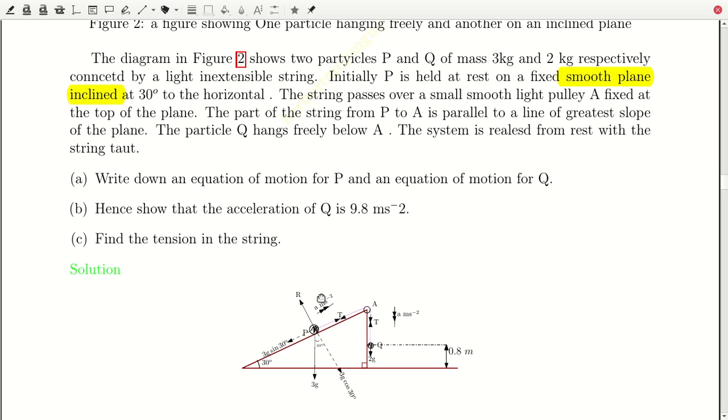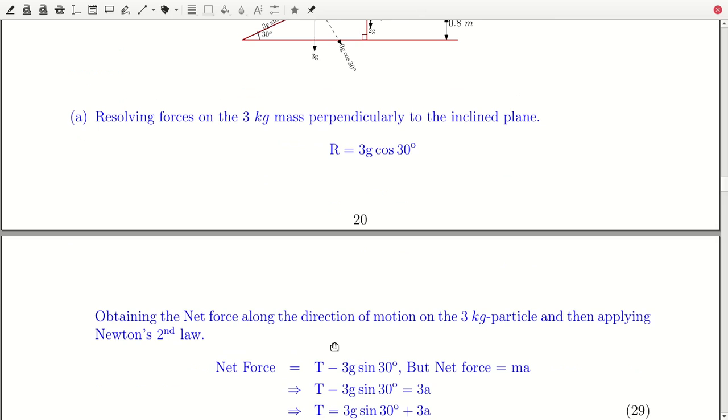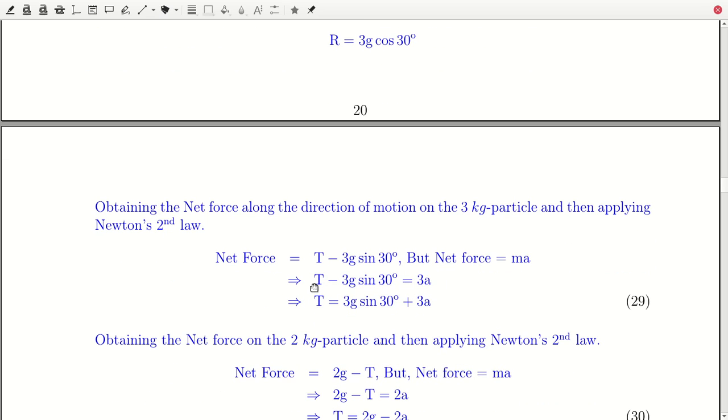So if we use now Newton's second law, it means we shall have T minus 3g sine 30 degrees equals 3a.